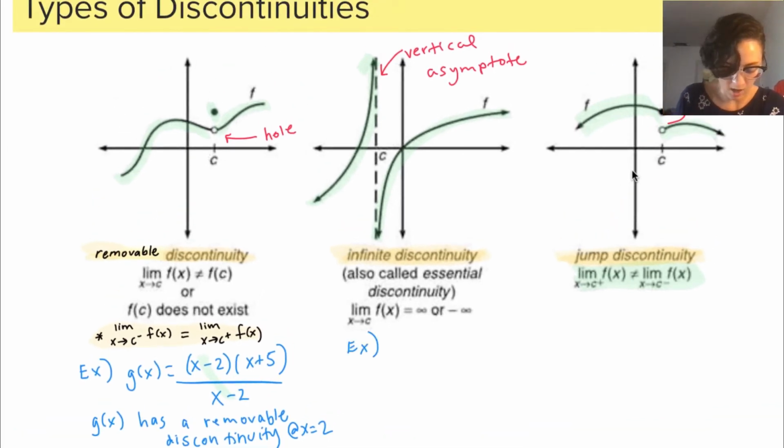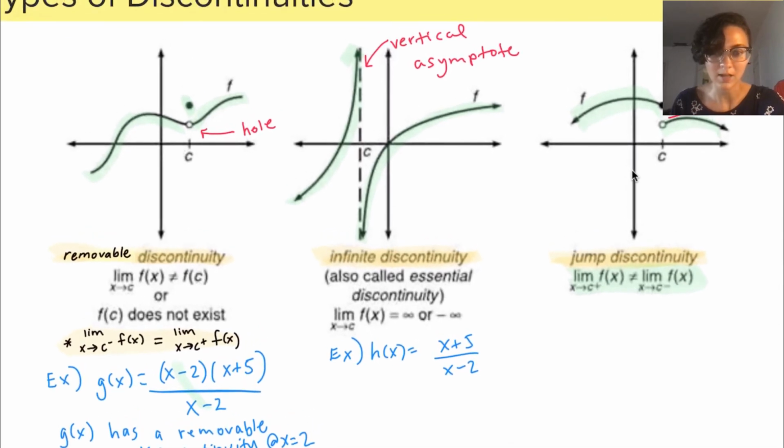Let's say our equation h of x is a little bit different. Maybe it's just x plus 5 over x minus 2. I am unable to remove the term x minus 2, which means the denominator will equal 0 when x equals 2.